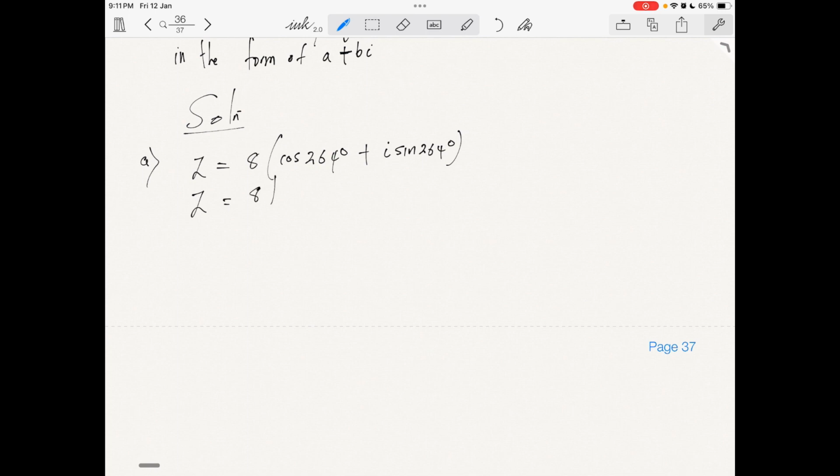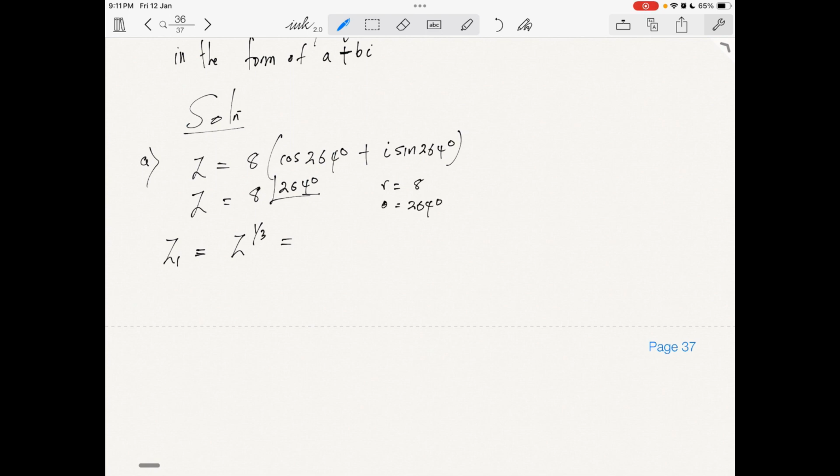That's 8 arg 264 degrees. Now, the principal root will be the cube root of 8 arg 264 degrees, where our r is equal to 8 and our theta is equal to 264 degrees.